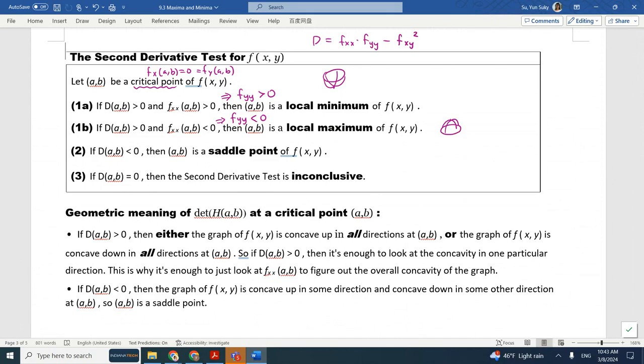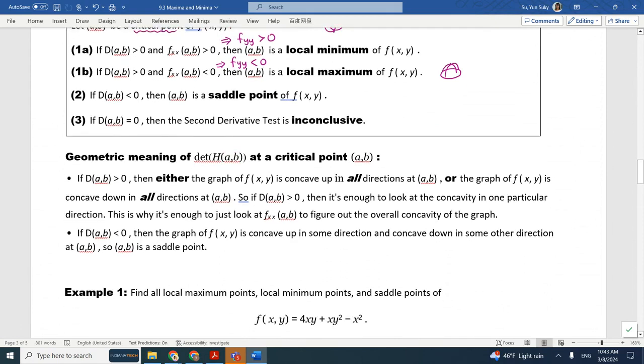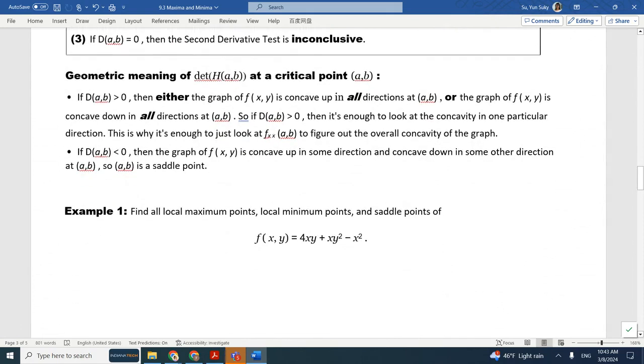This is a local max. That's why it's enough to just look at fxx to figure out the concavity. And if D is negative, it means some direction concave up, some direction concave down. It's a saddle point. So that's the theory of the second derivative test.